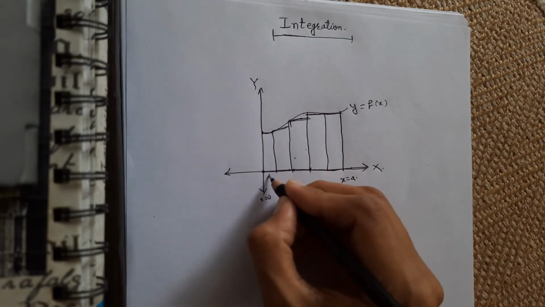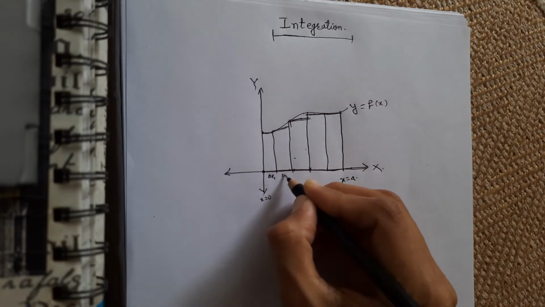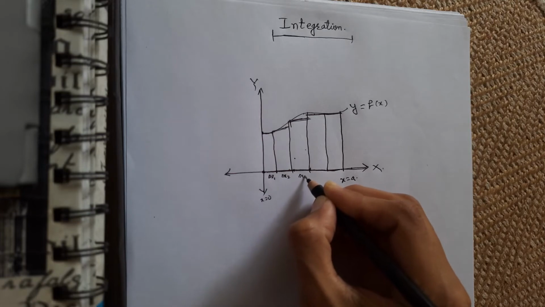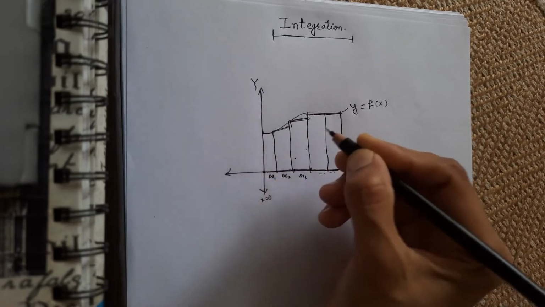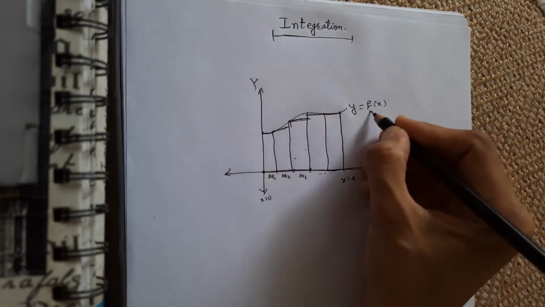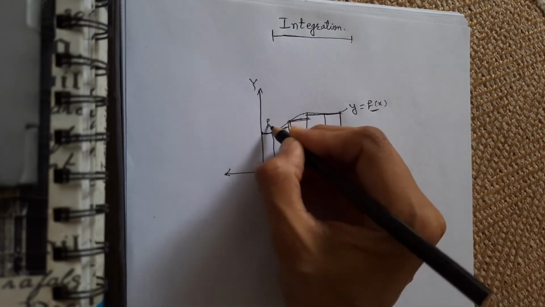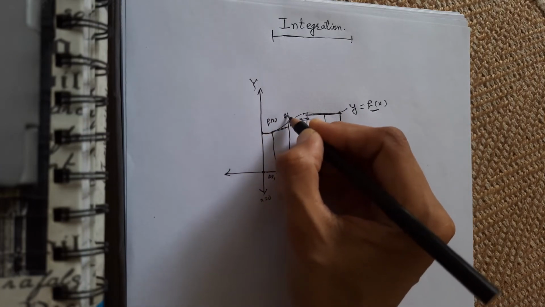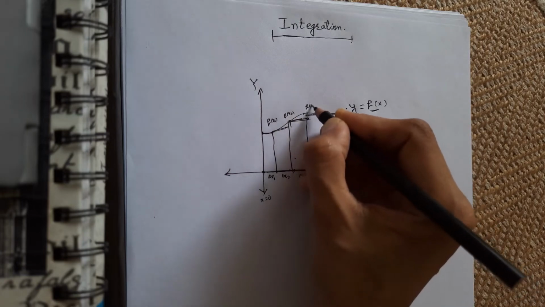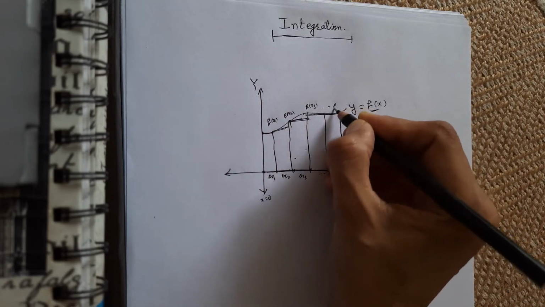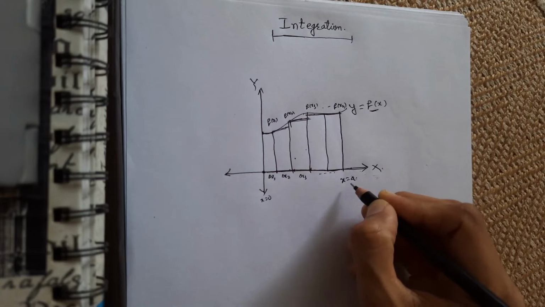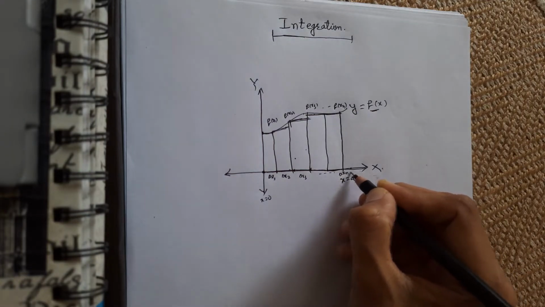Suppose I name the widths delta x1, delta x2, delta x3 and so on. The value of f of x at these will be f of x1, f of x2, f of x3 and so on, up to f of xn, and here I will write delta xn.